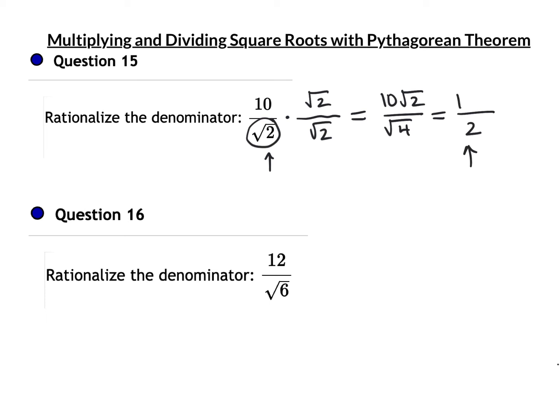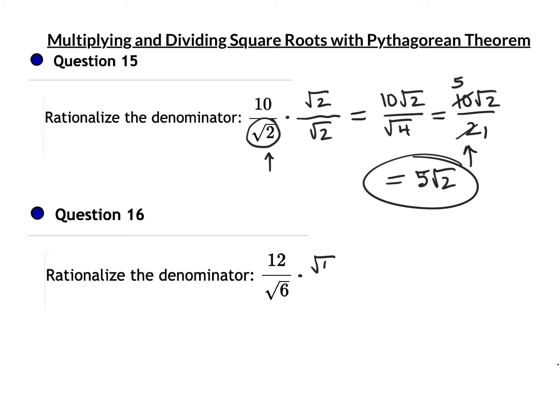Up above, I have 10 root 2 over 2. 10 and 2 have a common factor of 2. I can divide them both by 2, and I get 1 and 5. And my final answer is 5 root 2. Question 16. Take the denominator, make a 1 with it. Root 6 over root 6.